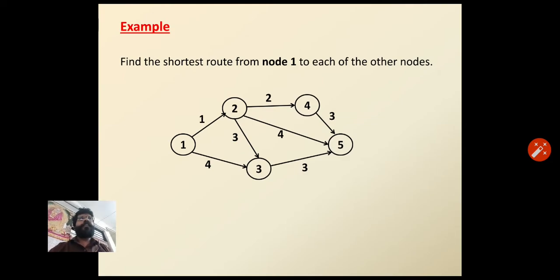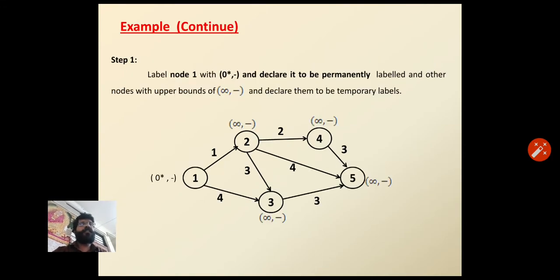Suppose node 1 is the source address, from where we calculate the shortest path. First, we assign the source node, node number 1, a label of 0 and declare it permanent, and all other nodes are declared temporary and marked with infinite distance.